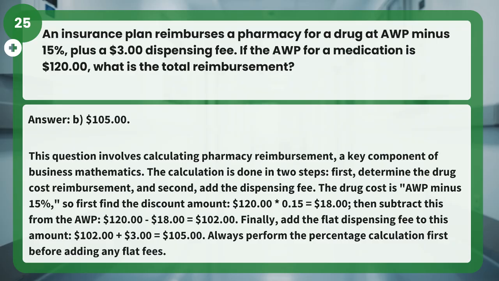The drug cost is AWP-15%, so first find the discount amount, $120 * 0.15 equals $18, then subtract this from the AWP, $120 - $18 equals $102. Finally, add the flat dispensing fee to this amount, $102 plus $3 equals $105. Always perform the percentage calculation first before adding any flat fees.